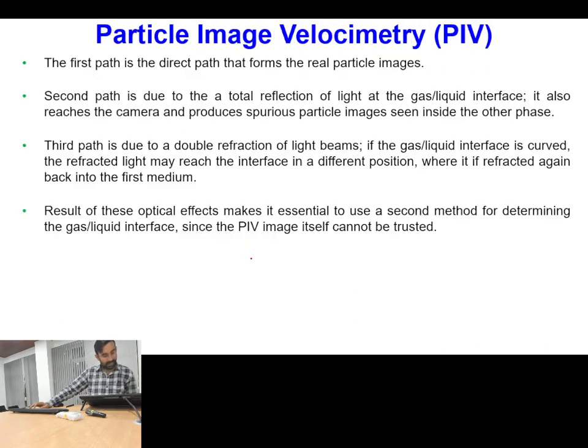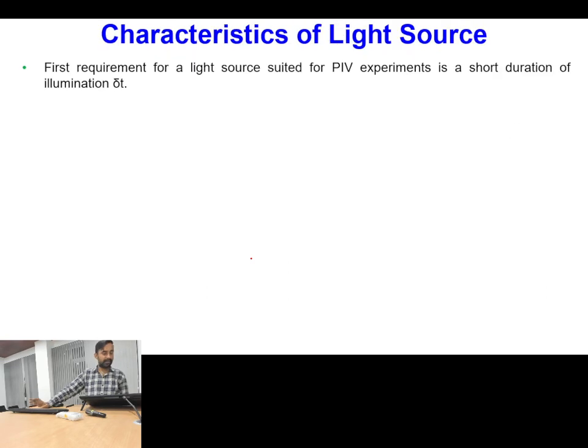Now let me give you some idea about the characteristics of the light source we are using. The first requirement is a short duration of illumination: it should illuminate for a very small duration, then your camera captures for that duration, then there is a small time interval and then the next pulse.